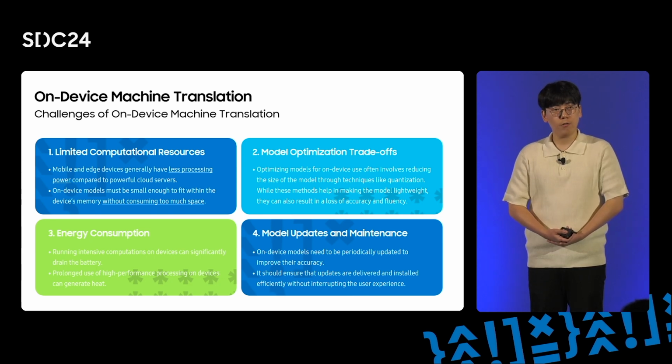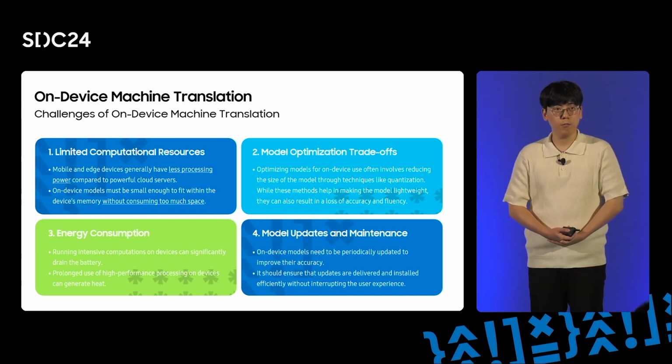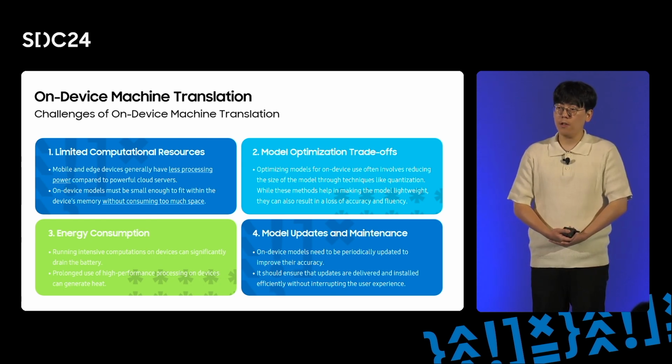We often reduce the model size using techniques like quantization, but this can result in a loss of translation accuracy. The third one is energy consumption. Running intensive computation on devices can drain the battery quickly, particularly in continuous or real-time translation scenarios.